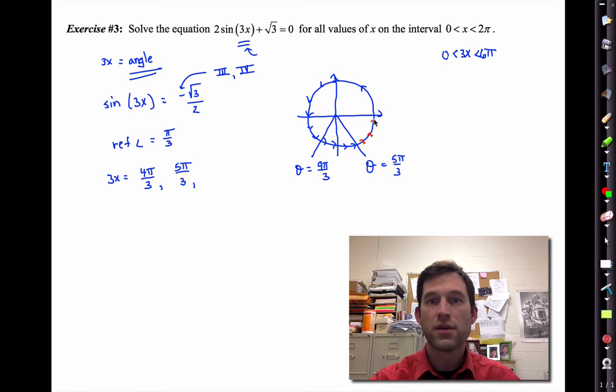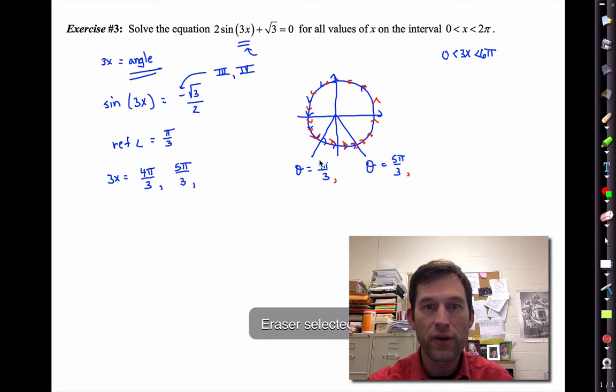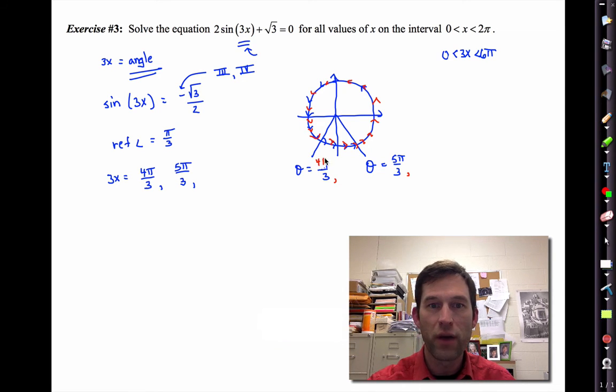So I keep going, because I have to go all the way to 6 pi, and I hit the angle again, and I hit this one again. The question is, what do I have to do to this 4 pi over 3 to get to my next angle? Let me put that in there, 4 pi over 3, and now it's in red. Anyway, what do I have to add on to that 4 pi over 3 to get to the next angle over?